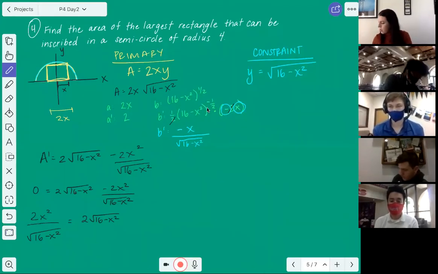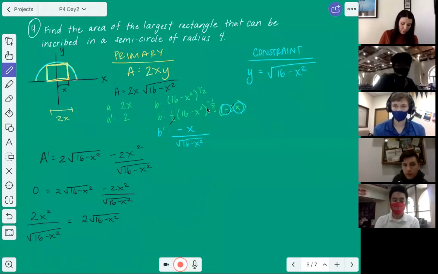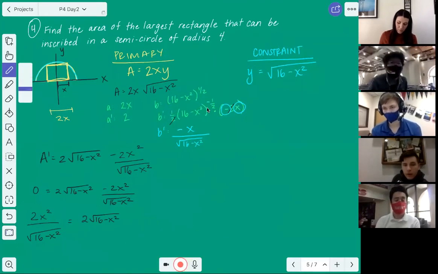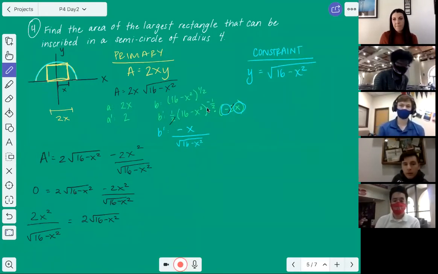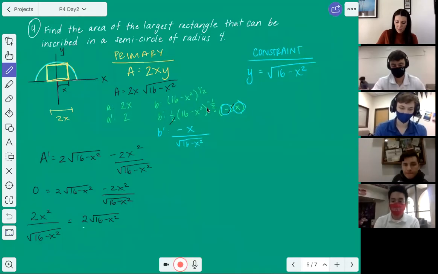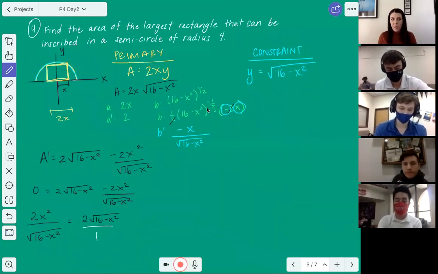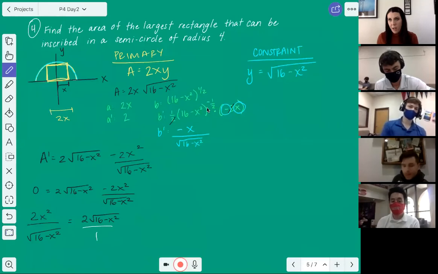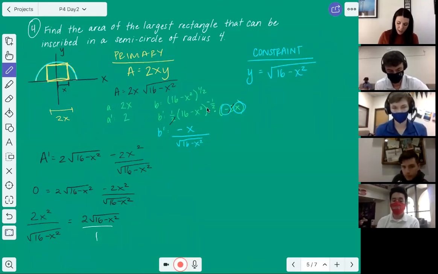Okay, let's go to Charlie. What did you do from here? This is as far as I got. So do you want to just multiply the root 16 minus x squared on both sides? Yep, perfect. This is like cross multiplication. I've got to technically divide by 1 on the right side, so I can bring that square root of 16 minus x squared up to the other side.